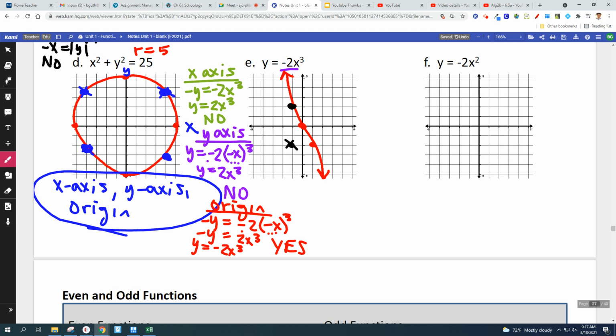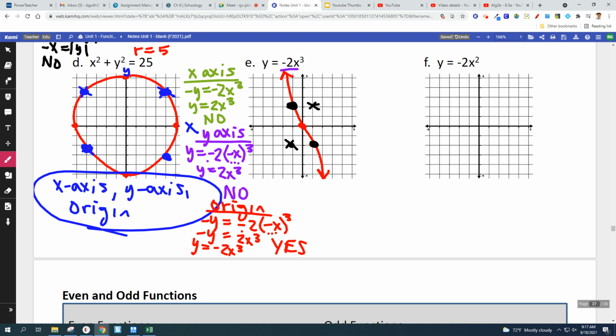If you try the y-axis, it doesn't work. So there's no x-axis symmetry and there's no y-axis symmetry. But if you flip both, you're going here, then here, that one works. There is origin symmetry, all right? No x, no y, yes to origin.